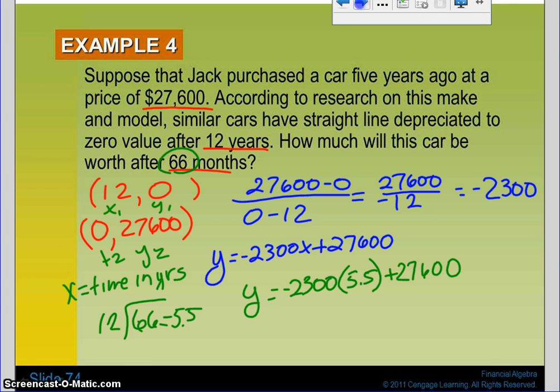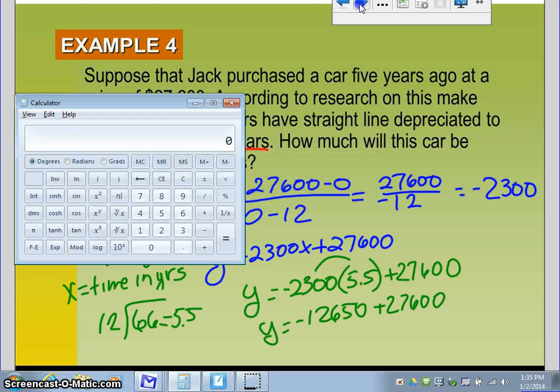When I multiply this together, I get y equals negative 12,650 plus 27,600. So let's go ahead and check on the calculator.